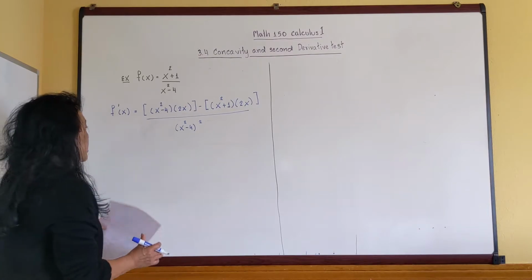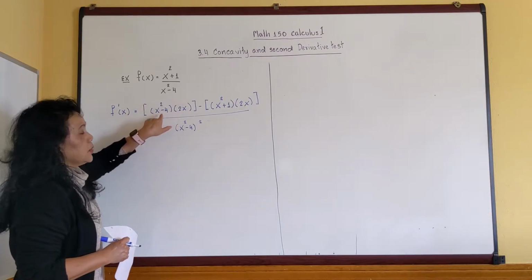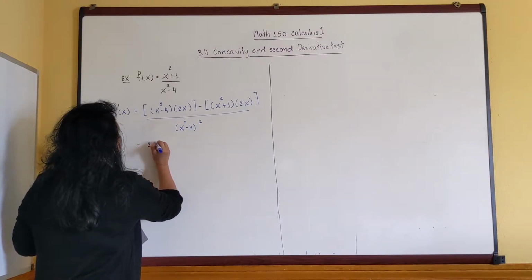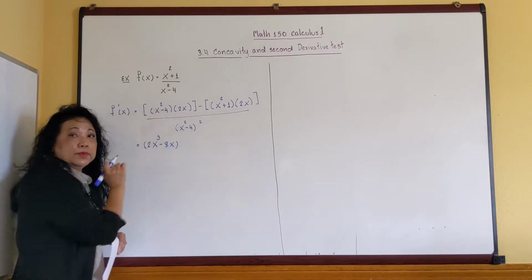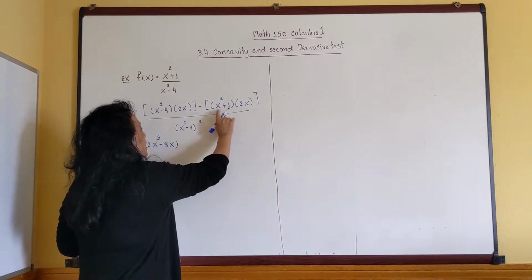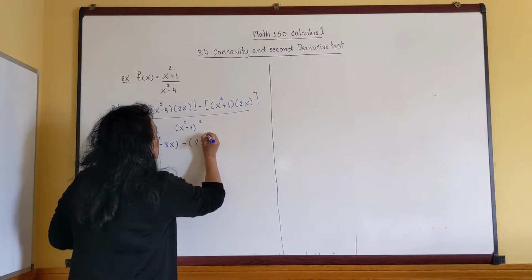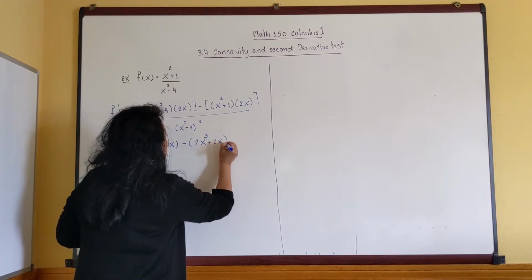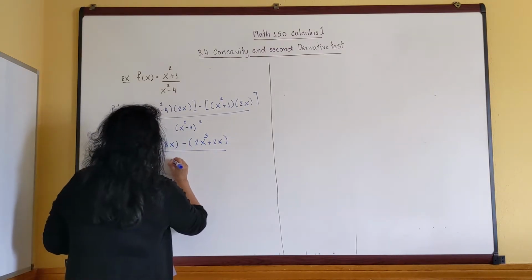Alright, next step, I'm going to distribute the 2x into this. I would have 2x cubed minus 8x. That's the first term. Distribute the 2x in here, I will have 2x cubed plus 2x. The denominator remains the same.